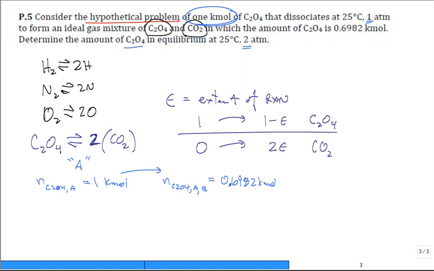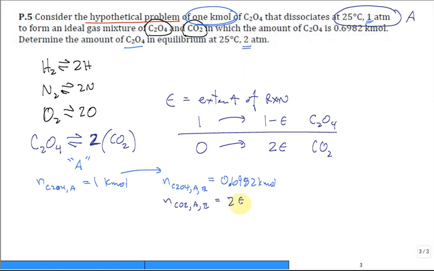Okay, so what I can do is say that the number of moles of CO2 for case A, at 1 atm and 25 degrees C in equilibrium, is going to be 2 epsilon.